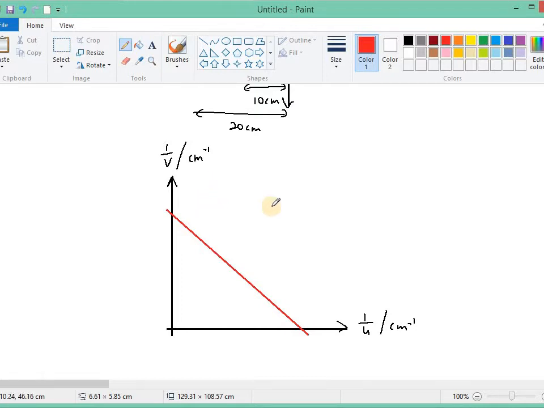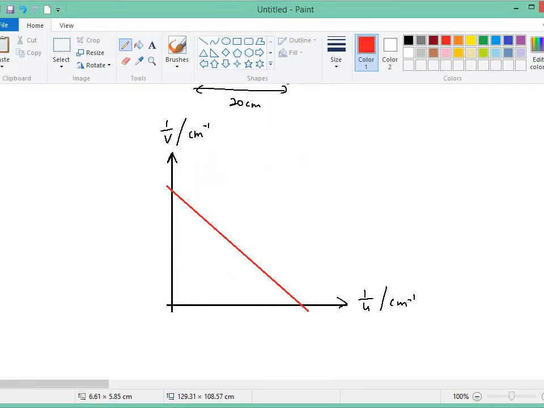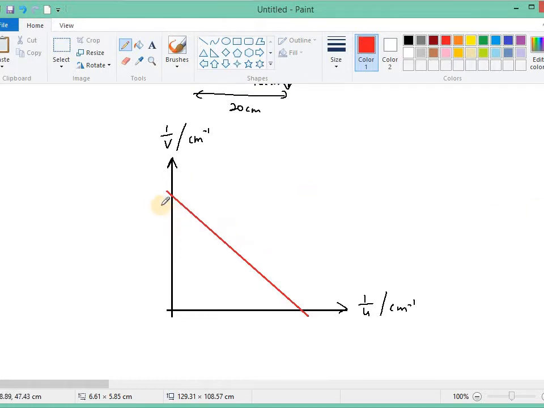Alright, and when you get the gradient, what is it that we will find?